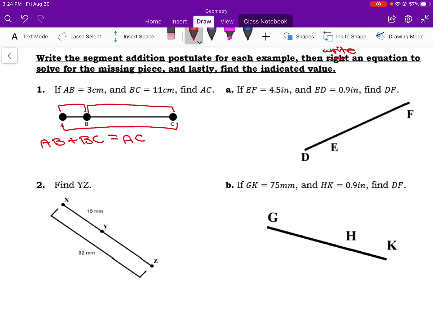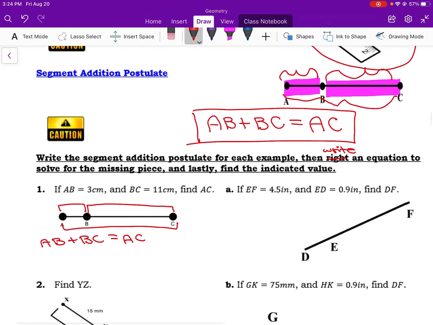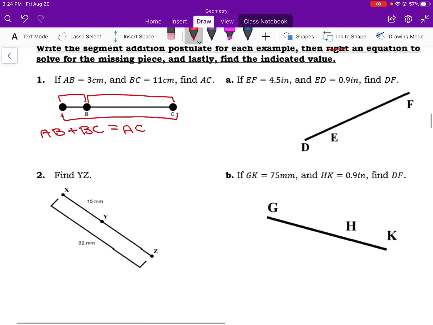So that's telling me that line segment AB plus line segment BC equals line segment AC. Now notice that if we were to use proper notation here, we should have a line on top. That's the appropriate way to express a line segment. But for the sake of calculation, whether you're writing that in there or not is not a concern.